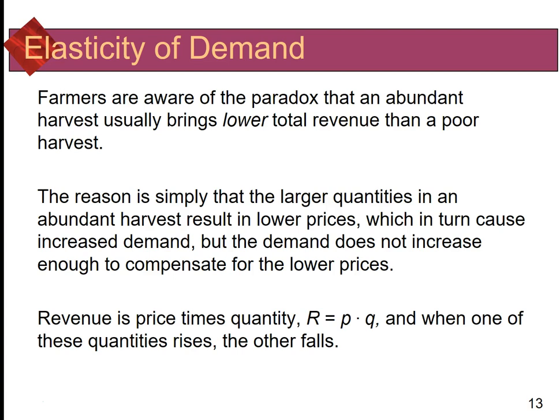You actually have less revenue coming in as a result, because if you have such a high supply, you may lower the prices so the demand comes up, but the demand may not increase enough as the prices get lowered to compensate you enough to earn enough revenue. And that's what the full process of elasticity is.